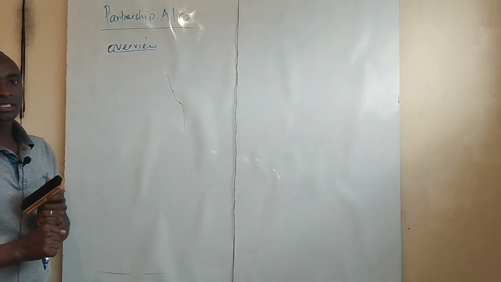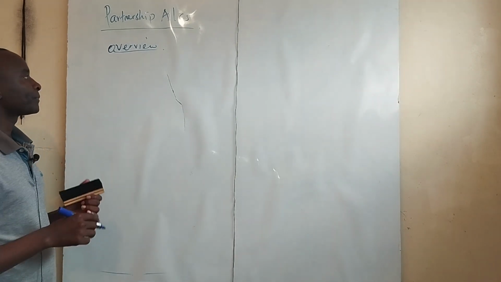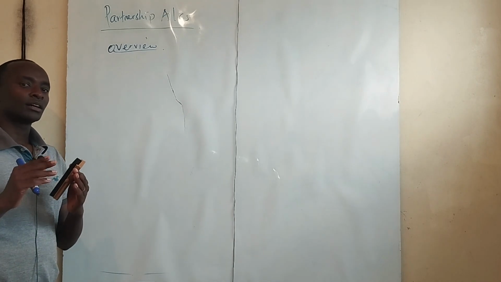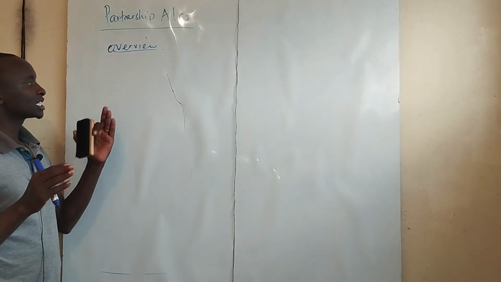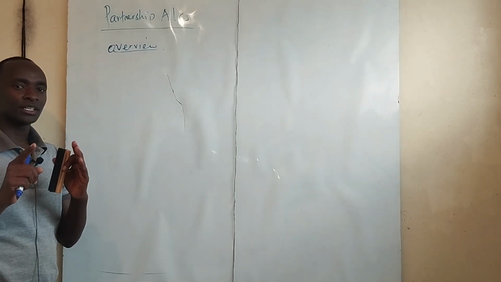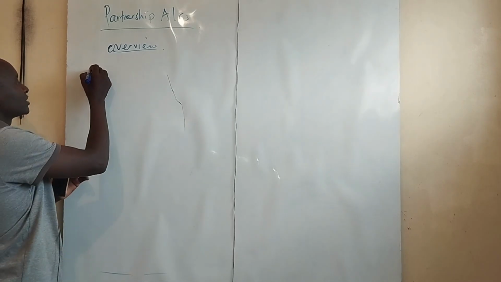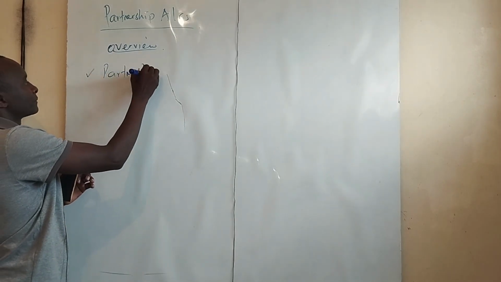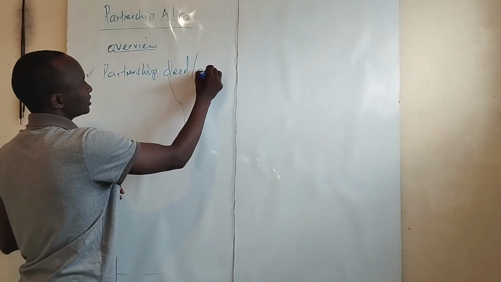The next thing I will share with you is that this partnership business, since it is a coming together of more than one person, means that they should have an agreement, right? And that agreement is normally known as the partnership deed or the partnership agreement.